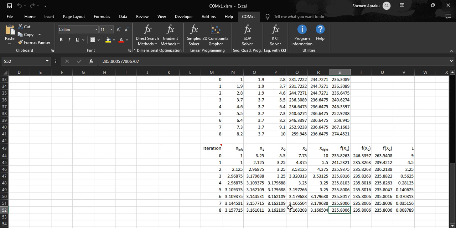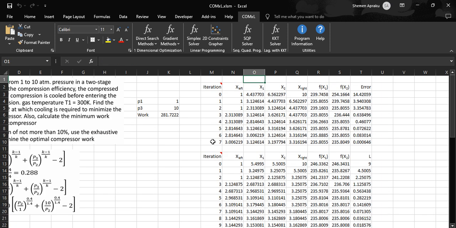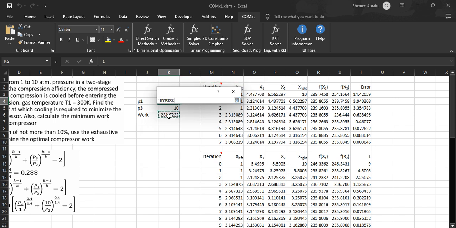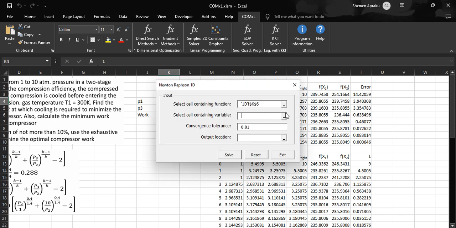So from the interval halving method, we also have 8 iterations with the minimum value of the function to be 235.8006, and it occurs at a P2 value of 3.161011. So that is for the direct search methods.